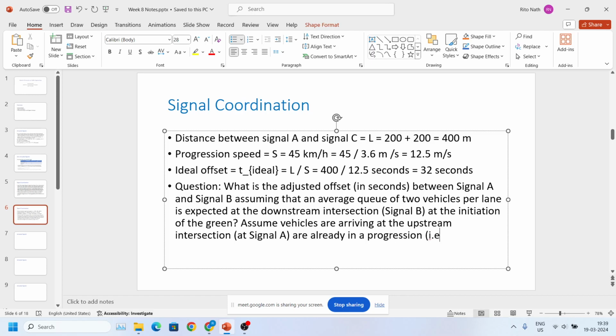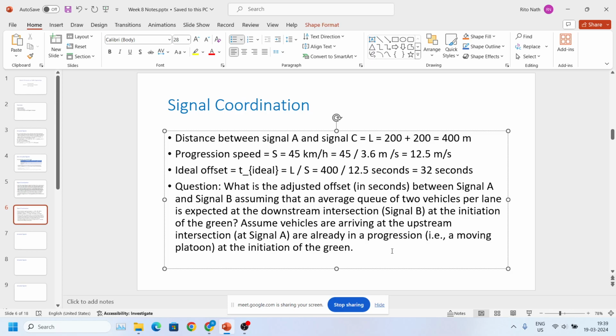So that is the moving platoon at the initiation of the green. Yeah, so you can stare at this problem again and try to solve it. Then I'll solve it in the next slide.